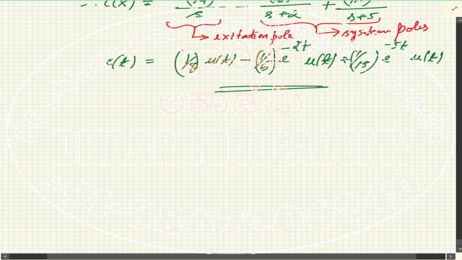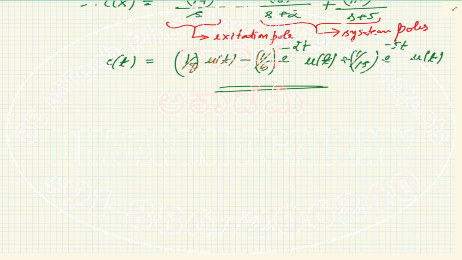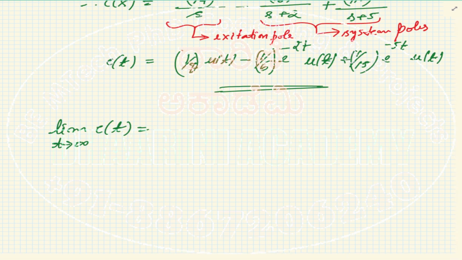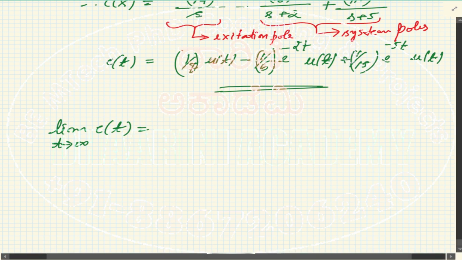So from the C of t, I'll try to define the two more terms now. Let's put the limit t tending to infinity of C of t and try to calculate that. In the sense, you are trying to calculate the final value of your output. C of t has an equation which we just calculated, and I want to find its final value.